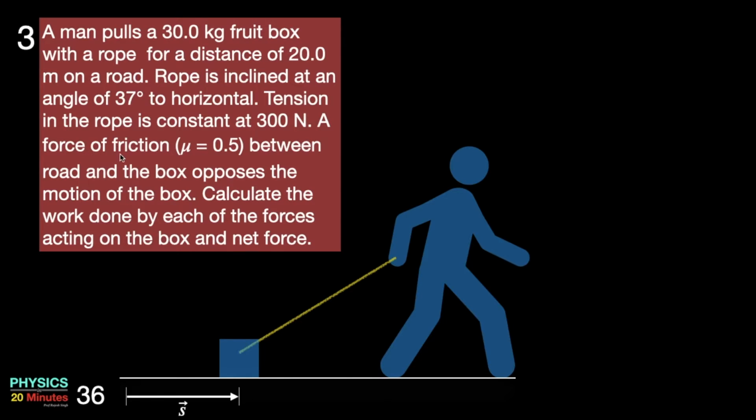A force of friction, where the coefficient of friction mu is 0.5 between the road and the box, opposes the motion of the box. Calculate the work done by each of the forces acting on the box and by the net force. Work done by the net force you have to calculate.